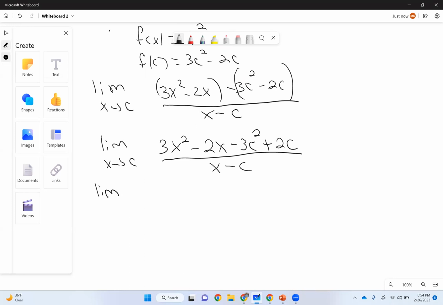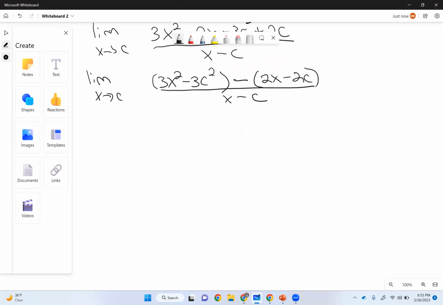It's the limit as x approaches C. Let's group the 3x squared minus 3c squared. So it'll be 3x squared minus 3c squared, and then minus 2x minus 2c, because it's a plus 2c, so two negatives, positive, over x minus c.